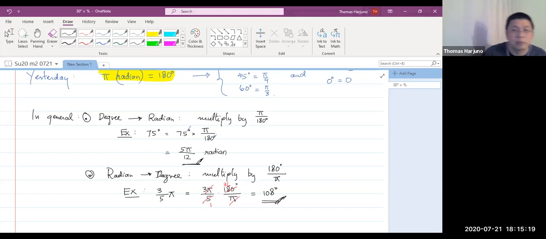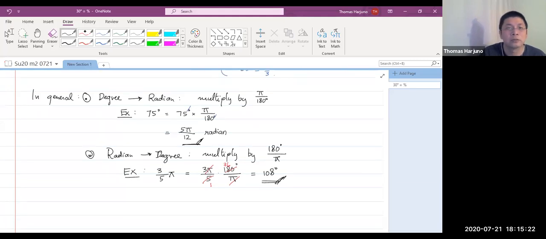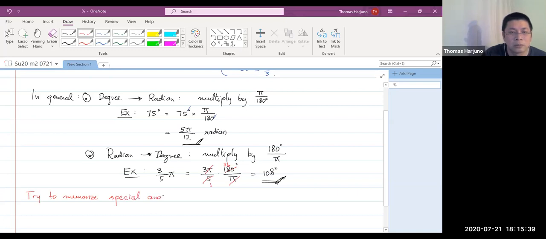Try to memorize, I write it down here in red, special angles between 0 degrees to 90 degrees, in degrees and in radian unit.